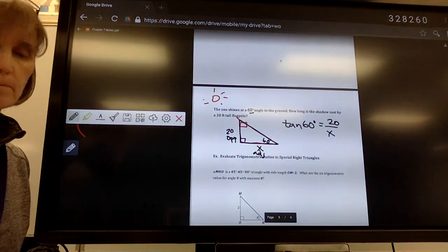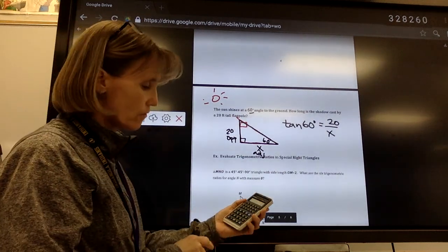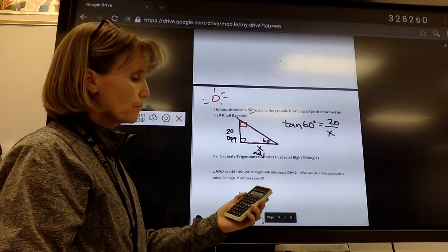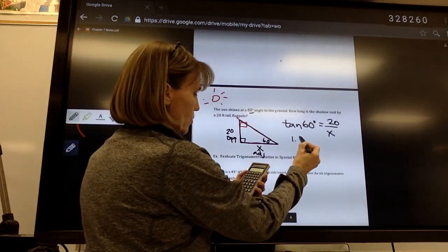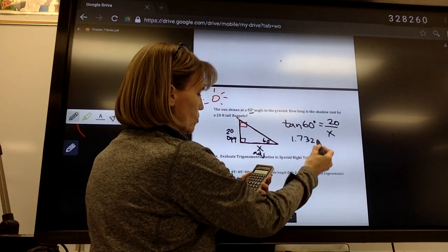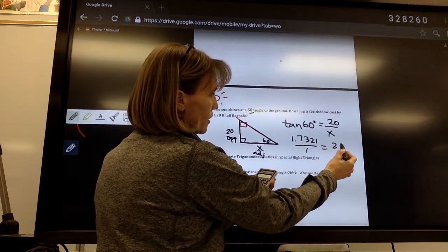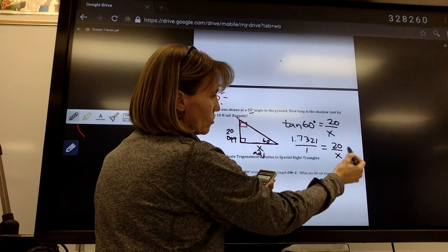That's what I would set up. When I solve that, I hit 60 and then my tangent button, and I get a value of 1.7321 over 1. We always put this over 1 to create a proportion so we can do the cross products.